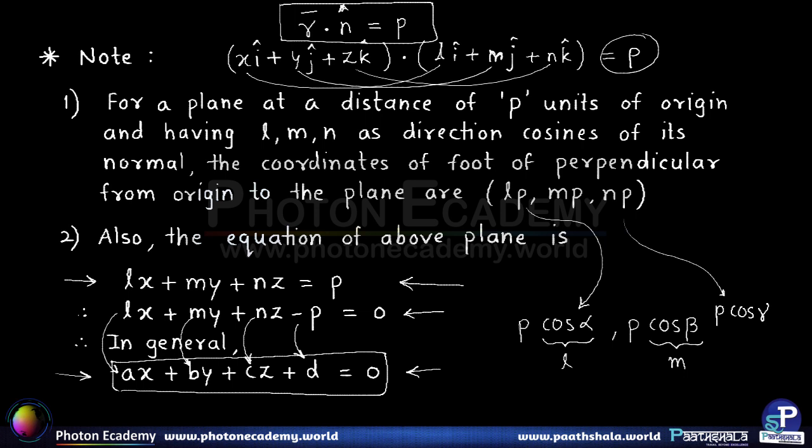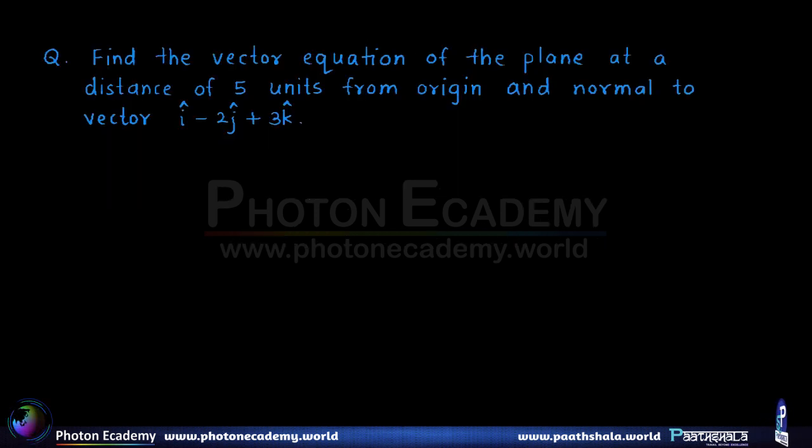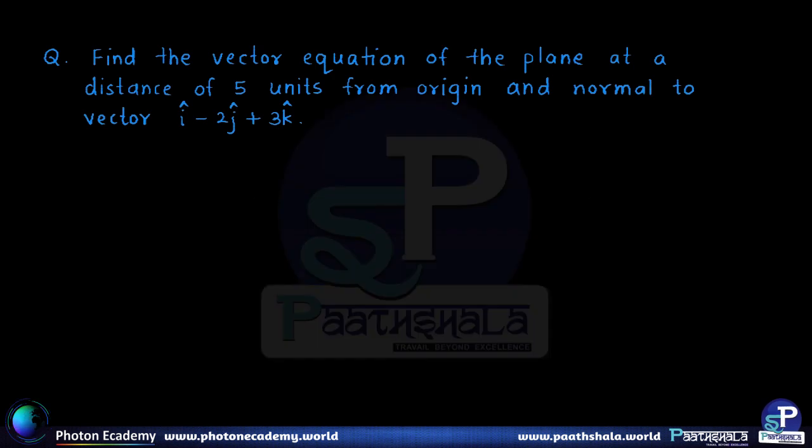Let's go ahead and solve one example based on this concept. Find the vector equation of the plane at a distance of 5 units from origin and normal to the vector i cap minus 2j cap plus 3k cap. So here, writing in symbols, we have been given n bar.